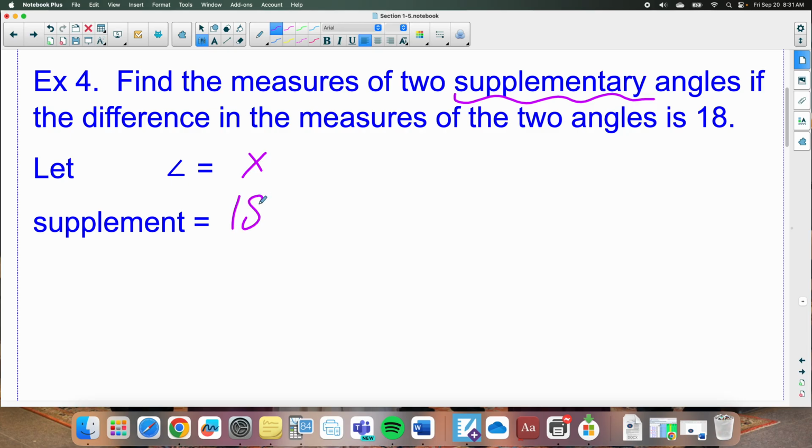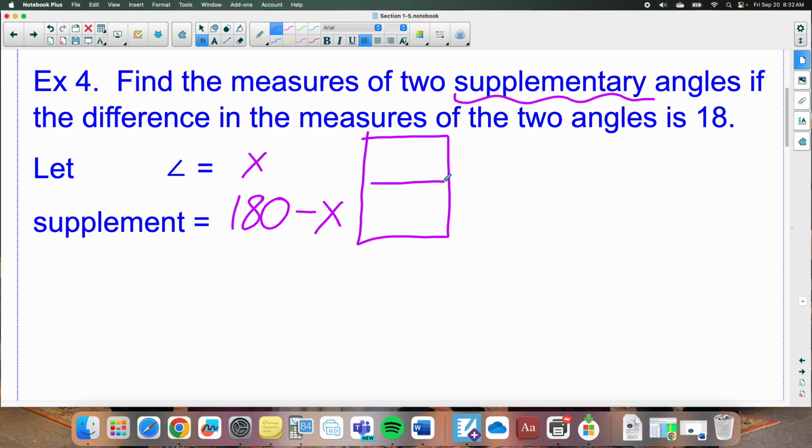So when we do these, you guys, you're always gonna let your first angle be X, and then if it's a supplement, your supplement would be 180 minus X. If it's a complement, what do you think it would be? 90 minus X, okay? So we start there. The reason I make that box there is we're gonna put our answers there.